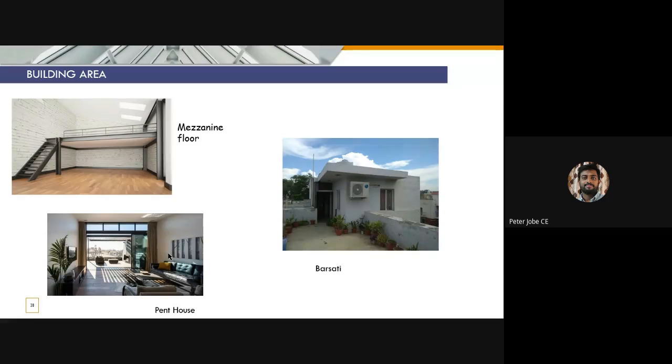That shop owner might not require much area above his head. That's why we are giving mezzanine floors. This is also commonly provided in auditoriums, like basketball courts, where there will be space for people to watch, and we divide it into several levels.